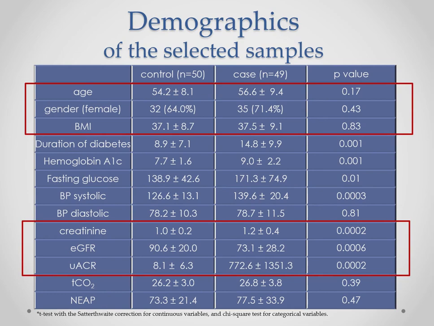In the middle of this table, you can see that we still were left with some variability in the risk factors for development of CKD, and I will come back to that in a minute.